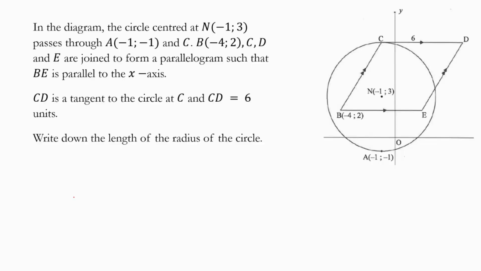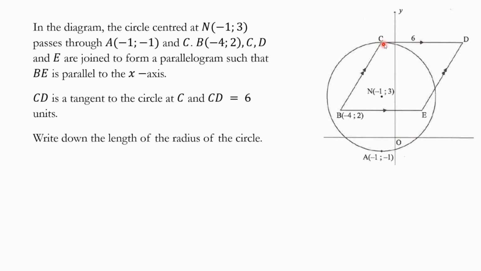In the diagram, the circle centered at N passes through A and C. B, C, D, and E are joined to form a parallelogram such that BE is parallel to the x-axis.